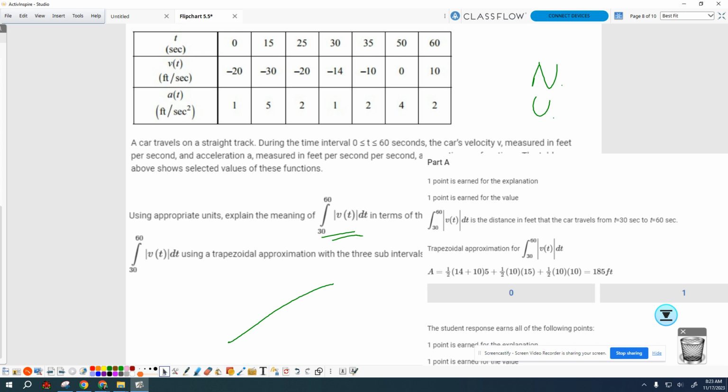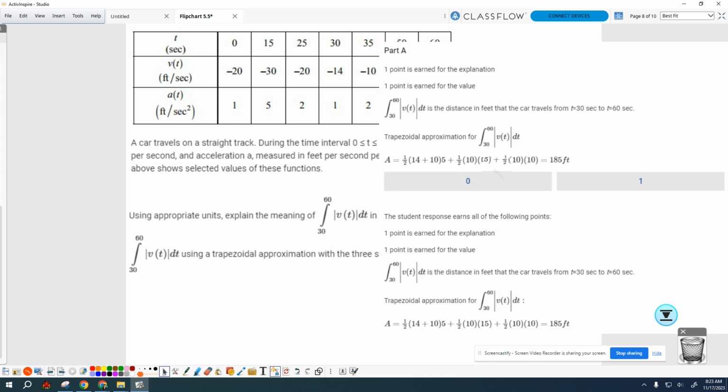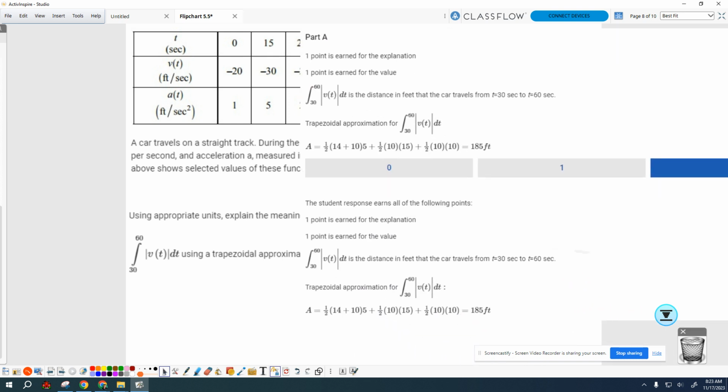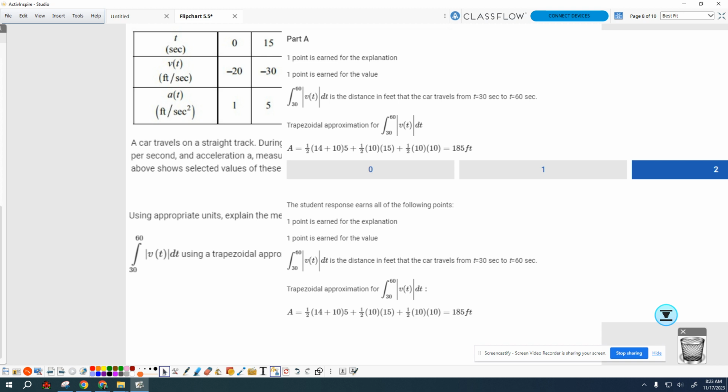And they've changed their grading schemes. This is what they look like now. They didn't pre-COVID. So for this part A, they want to see 1 point for the explanation. The explanation is this is the distance in feet the car travels from 30 to 60 seconds.